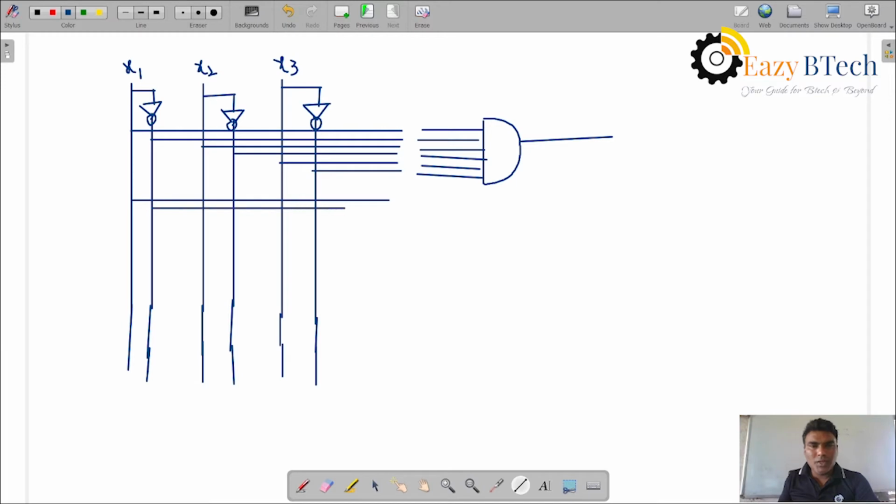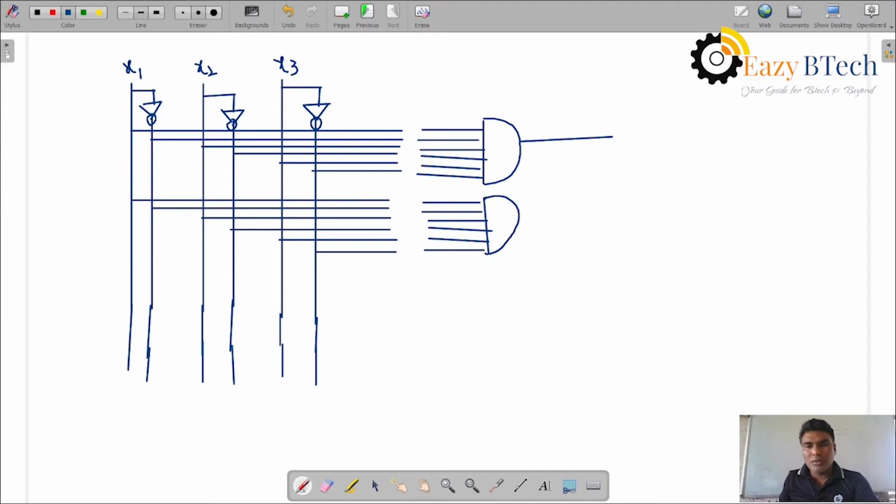Now we can take another AND gate with fuse connections 1, 2, 3, 4, 5 and 6. According to the program, they can be connected. According to the logic, the fuses are connected as per the product terms.